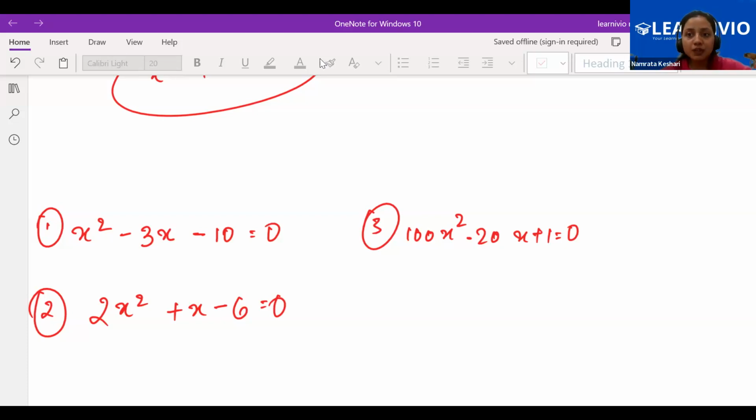The square root one we will be discussing. We will be discussing the quadratic equation in which we have a square root. For now, can you do the first one and let me know what you got as an answer?